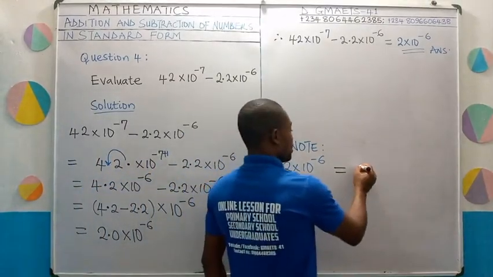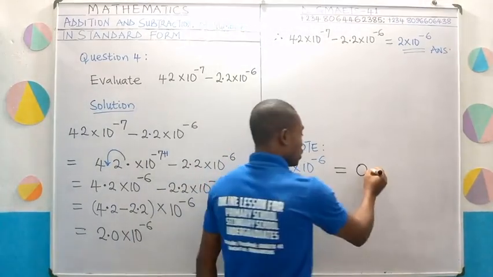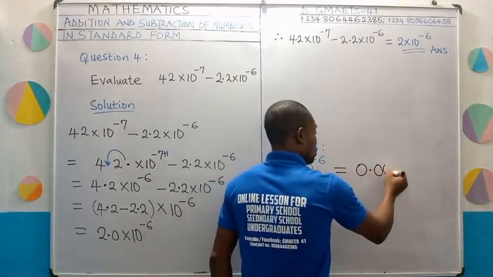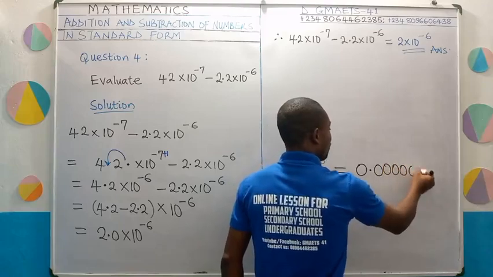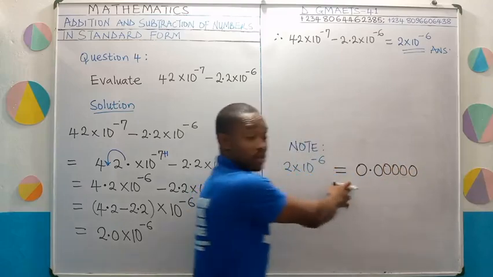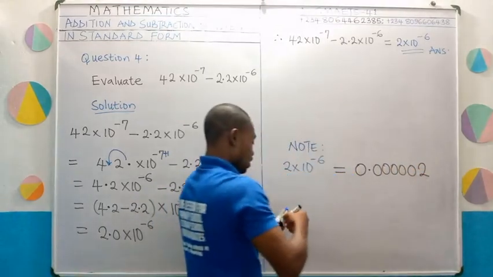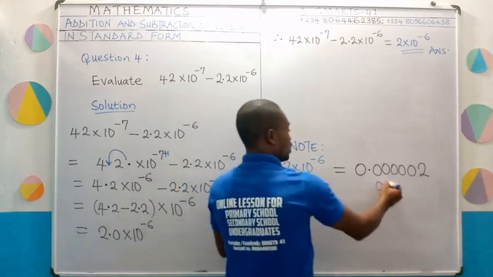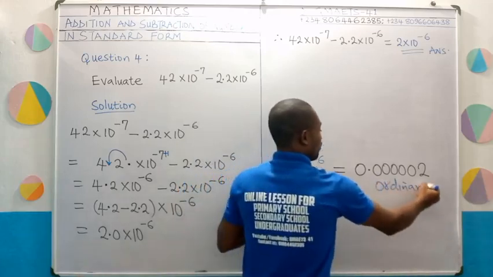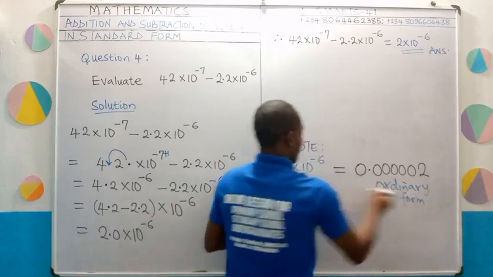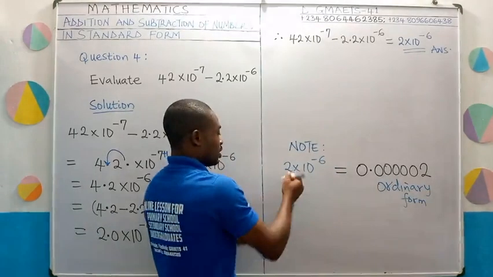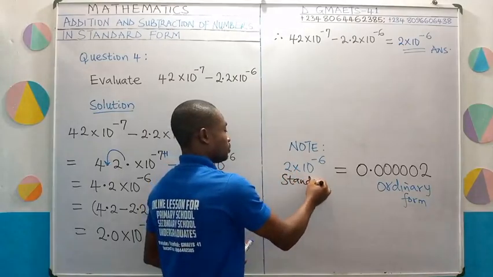And so I'm going to put it as 0. After the first 0, you put a point. 1, 2, 3, 4, 5. Altogether, we have 6 zeros now. Then you now write this 2. This is the ordinary form of this standard form. Let me write this one as standard form.